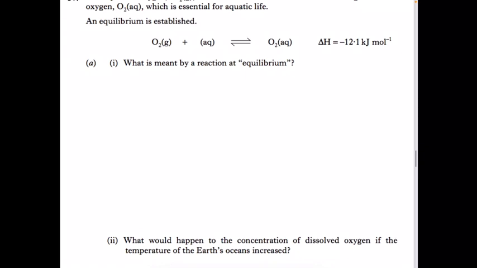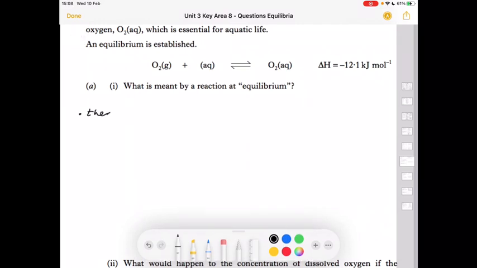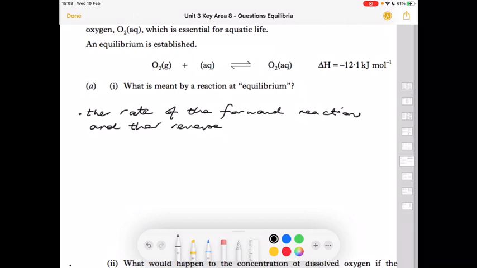Okay, this probably doesn't tell you the marks, but it's probably got 2 marks here. So the 2 marks that we would be wanting to say are going to be 1, the rate of the forward and the reverse reaction are equal.